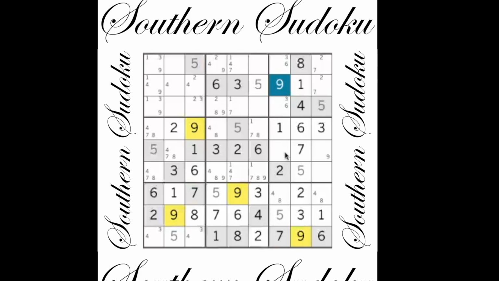Which means that's a 9. So these two are 4 and 8. These two. That one is also 4 and 8.